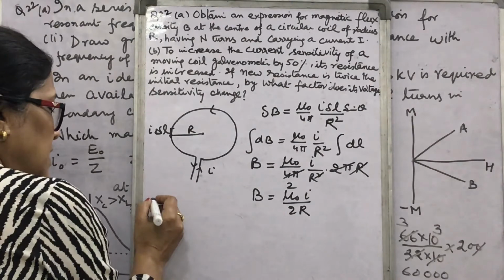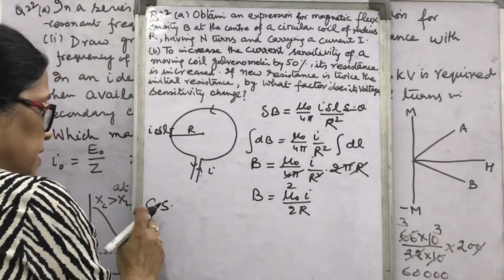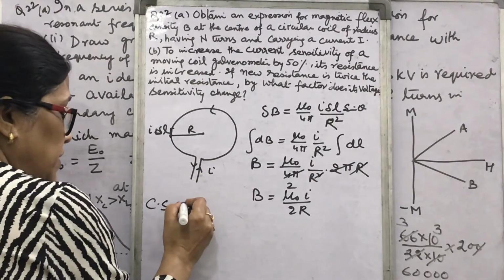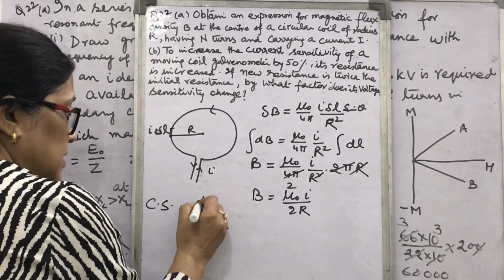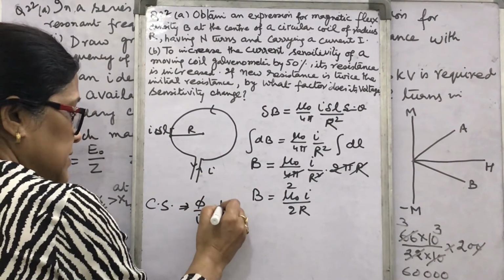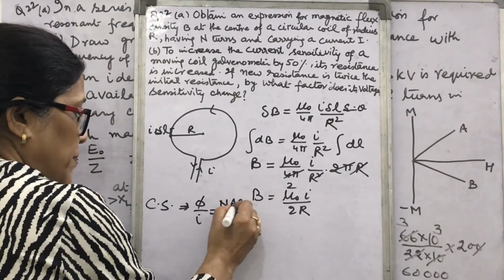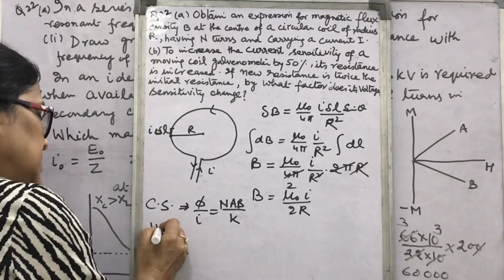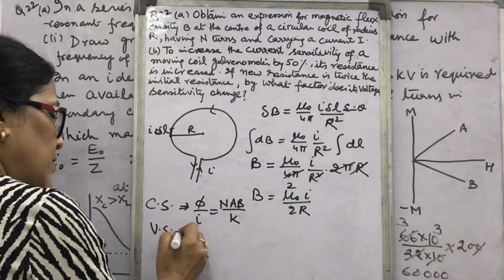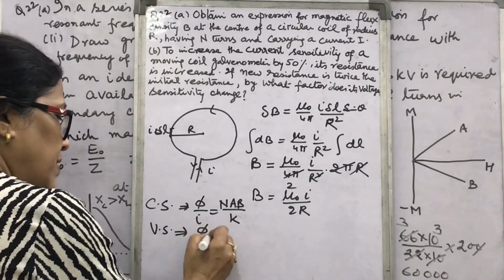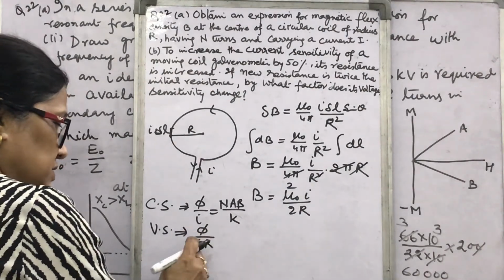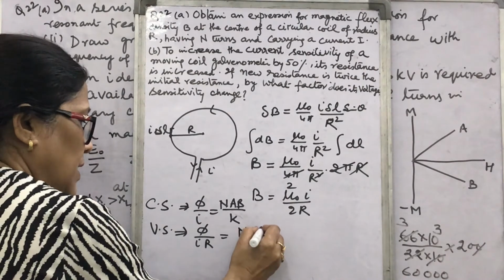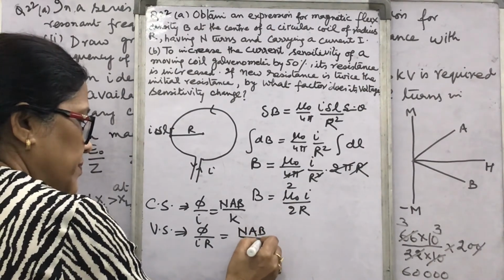Current sensitivity, I am writing CS, for a moving coil galvanometer is given by phi upon I equals NAB upon K. And voltage sensitivity is given by phi upon IR, which is NAB upon KR.